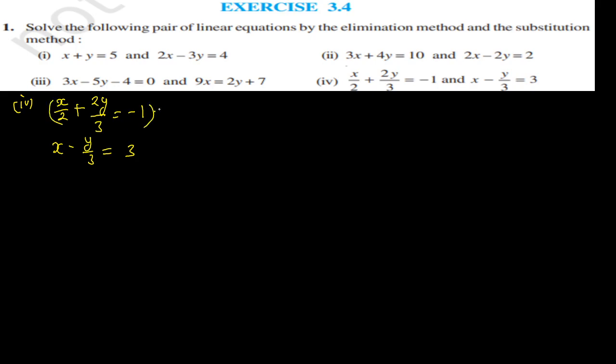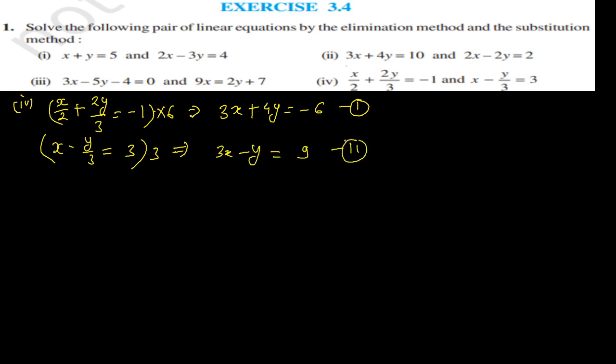When you multiply equation 1 by 6, you will get 3x plus 4y is equal to minus 6. That will be your first equation. And on multiplying the second equation by 3, you will get 3x minus y is equal to 9. This is your second equation.